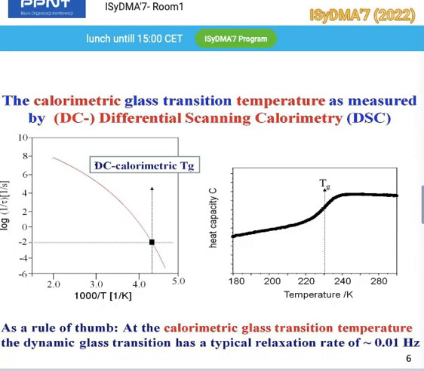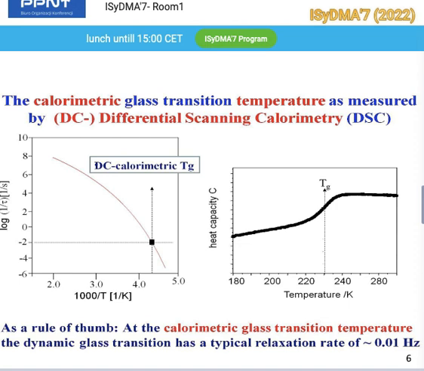If you ask a chemist concerning the glass transition, he says, I measure the glass transition with calorimetric techniques. In a calorimetric technique, you measure the heat capacity versus temperature, and then in a glassy system, you observe such a step. The turning point of this step indicates the glass transition temperature.